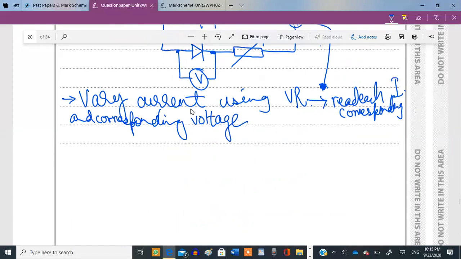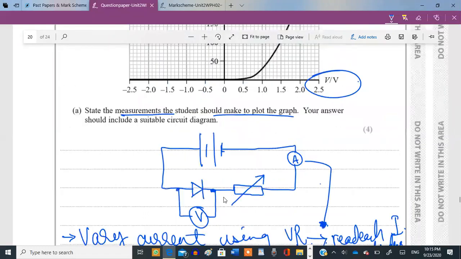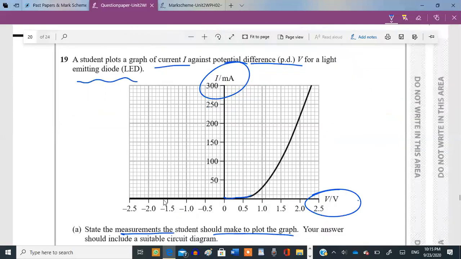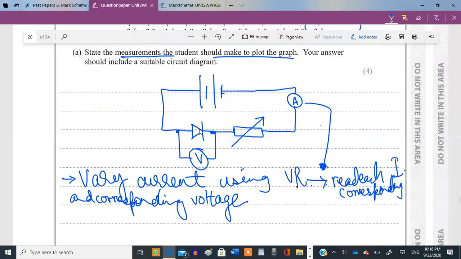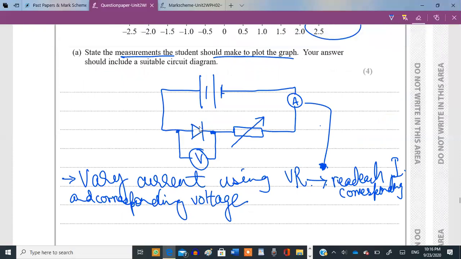All right. Now, if you look at the graph, it is in both the positive direction as well as the negative direction. The negative direction means that the polarity of the diode has been reversed, right? So for the negative direction graph, just reverse the polarity of the diode. You don't need to reverse it on the diagram, but just mention it.